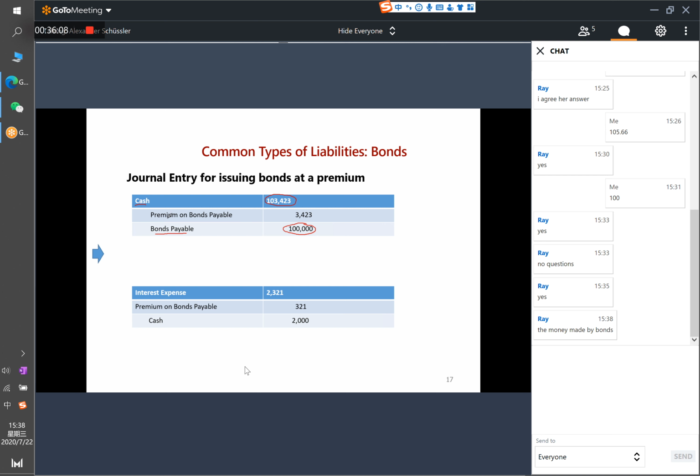When later on the firm has to pay interest expense, then most of the money, of course, has to be paid out as cash.